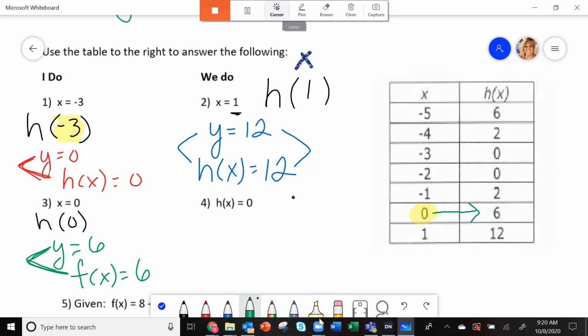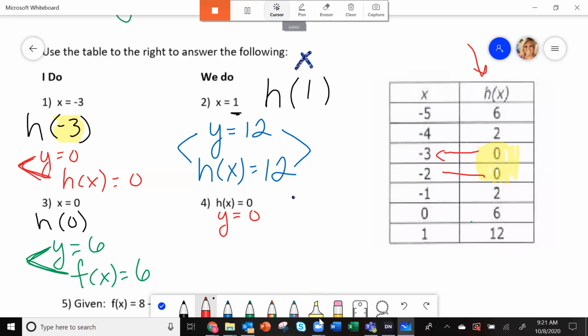All right, so the next one, this time it says h of x equals 0. Remember, that is the same as saying y equals 0. So let's go into the h of x column right here and find where my y number is 0. In this case, I find 2 spots where there's 0. And that's fine. We can have 2 answers.